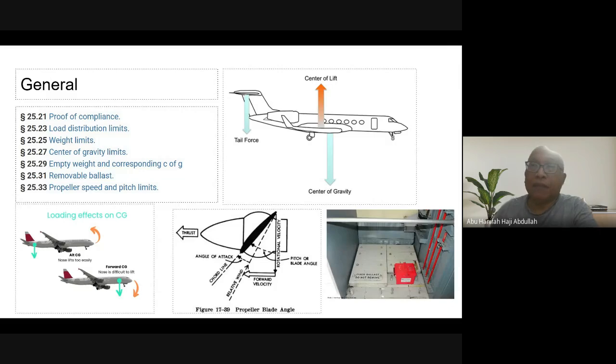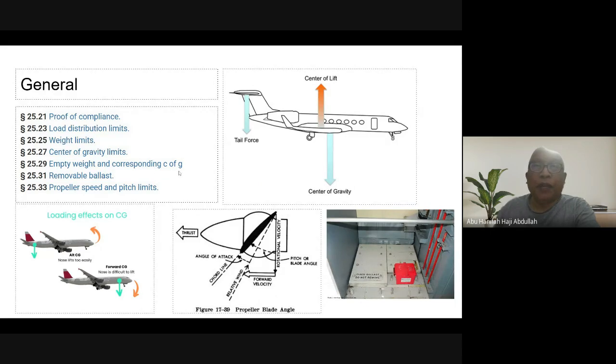Then ballast: if you're not able to put the CG properly, you are able to put in ballast. For example, this photo here shows the ballast. There's a plate, lead plate, normally a lead solid block as a ballast to ensure the CG is within the acceptable range.